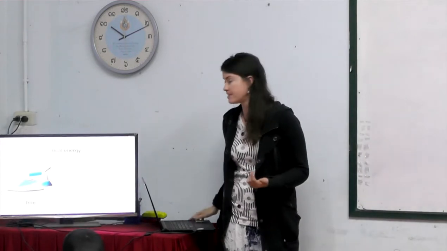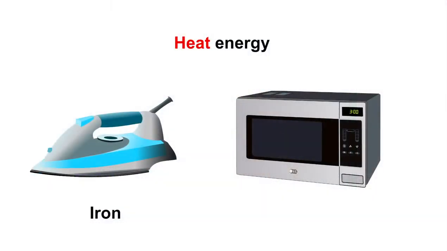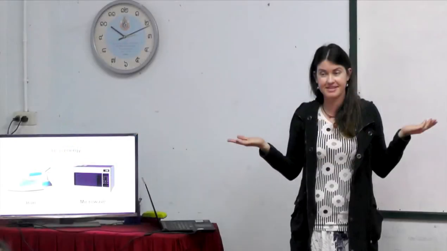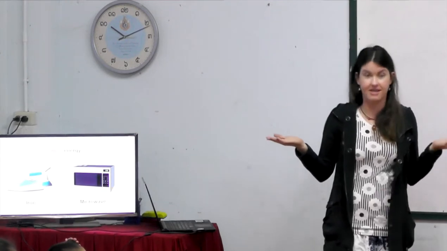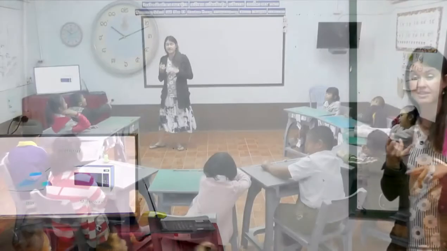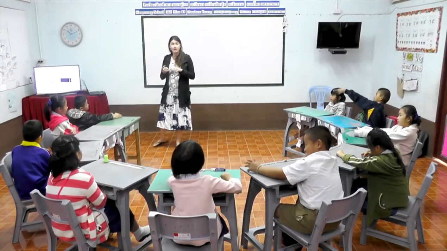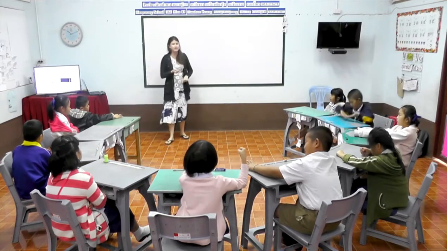Another thing that gives us heat energy, what is it? A microwave. What does a microwave do? Cake and pizza. Cupcake. What are those? Chicken. Hold on, friends. Cake, pizza, cupcake.